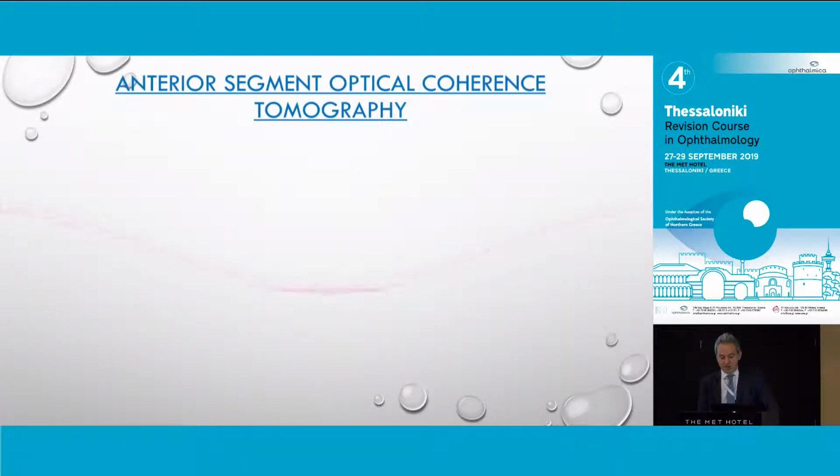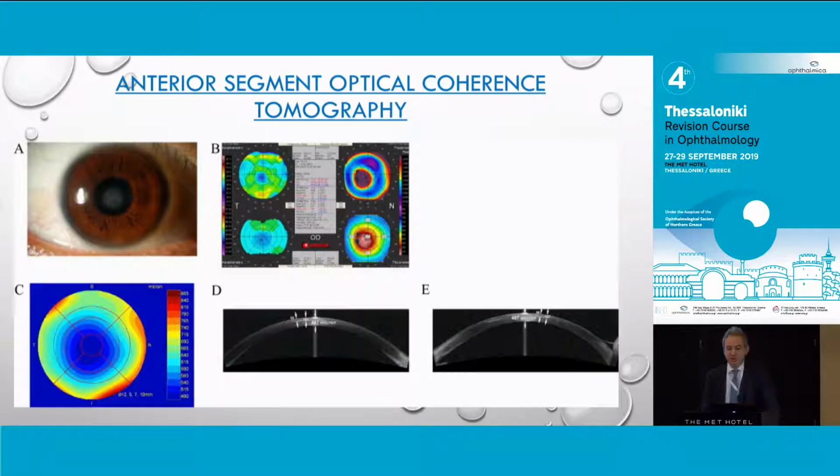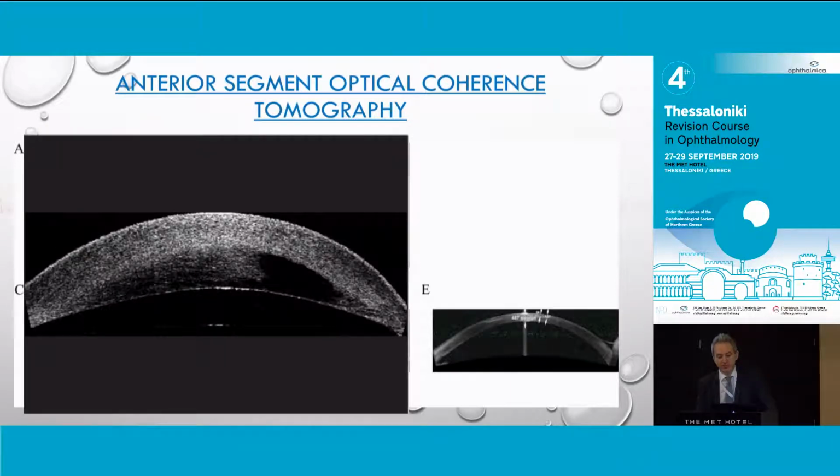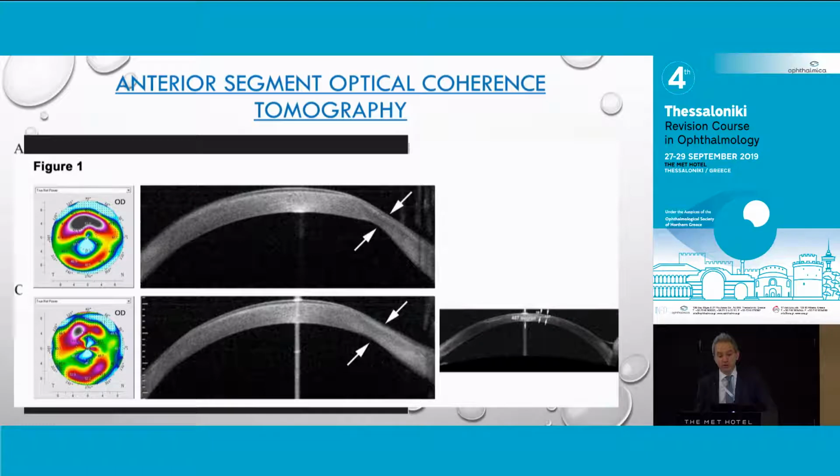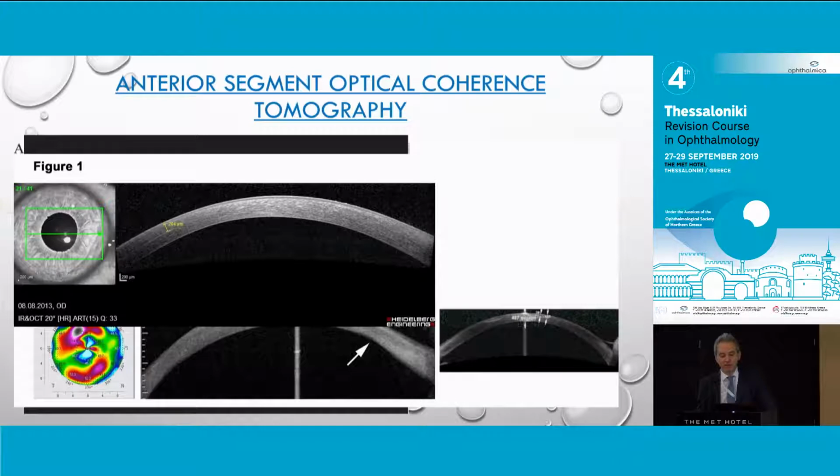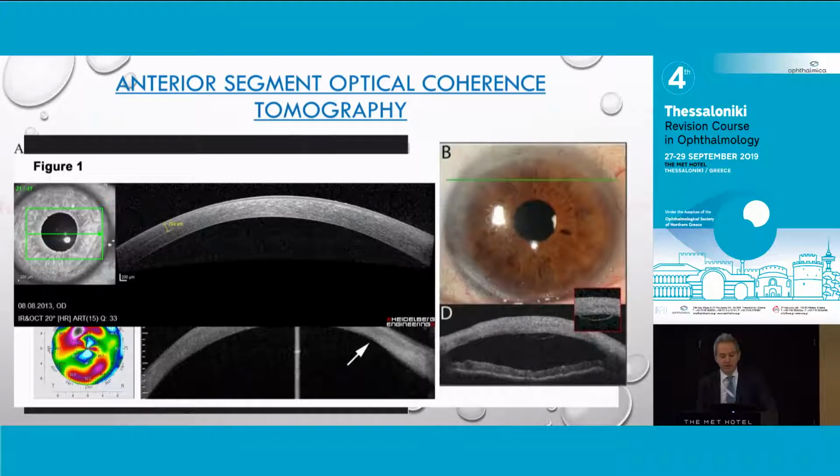So slit lamp examination is the basic examination. We should never forget that we start from there. And of course, we can carry on with optical coherence tomography of the anterior segment, useful to evaluate, for example, the depth of a corneal scar or the progression of corneal hydrops in keratoconus, as you can see here, or corneal thinning in corneal ectatic disease, or even the corneal demarcation line after cross-linking for keratoconus.